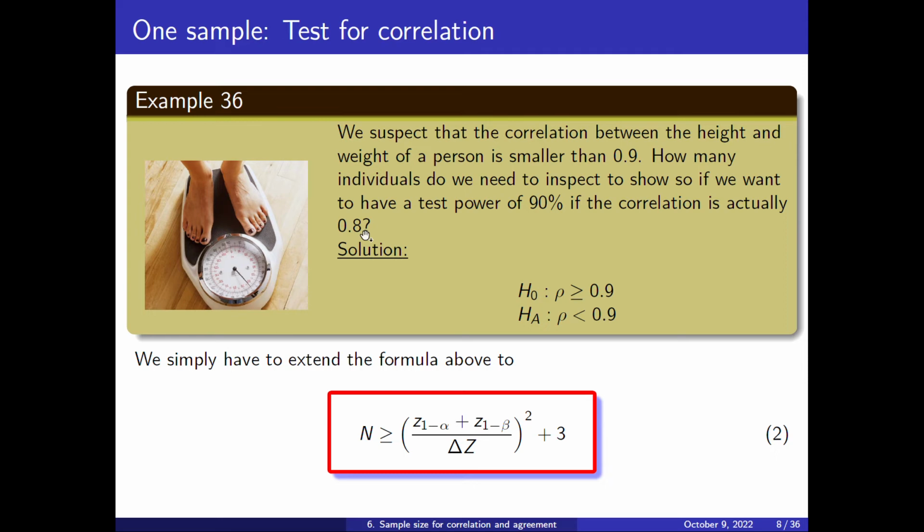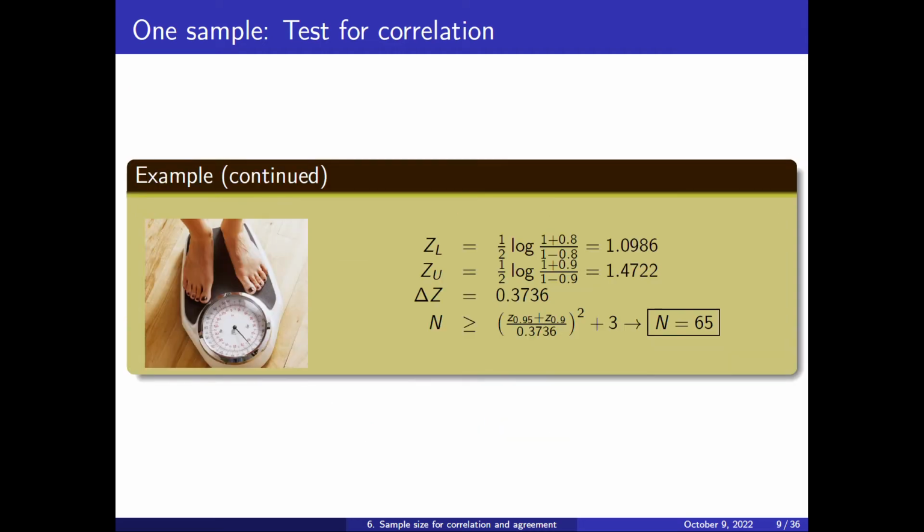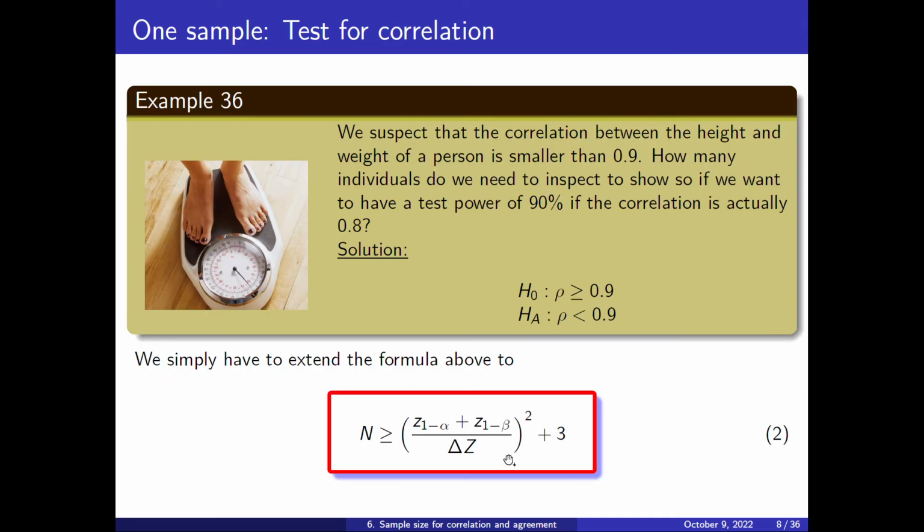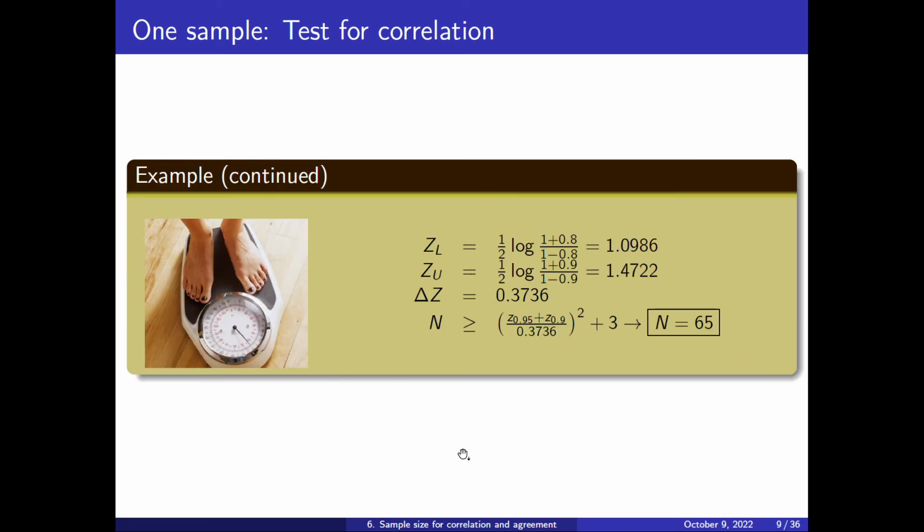We extend the previous formula by including the statistical power, and we see that here it is the delta z, so we simply have to substitute our values. The lower and upper bounds are these ones, and this is delta z, and then we simply calculate, and n is equal to 65.